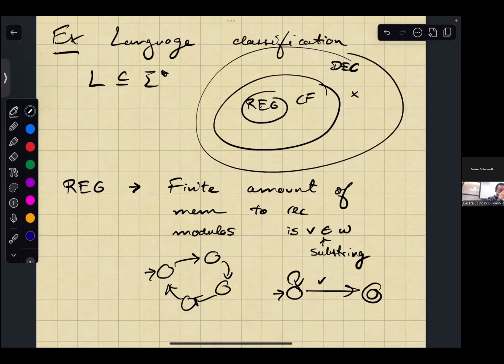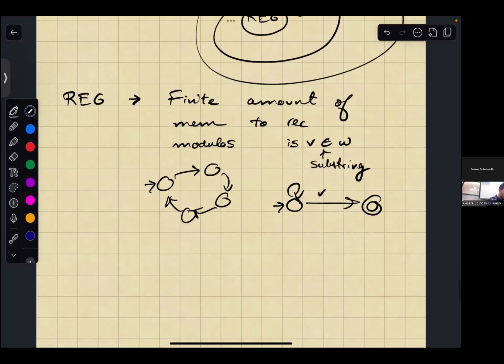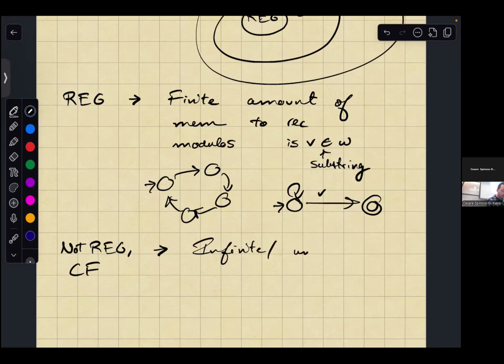Things that are not regular but context-free. Almost by definition, if you're not regular, then you can't design a finite FA, which means that if you actually had to design an FA, then it would require an infinite number of states, right? So you need some kind of infinite unbounded memory to recognize the language, right?